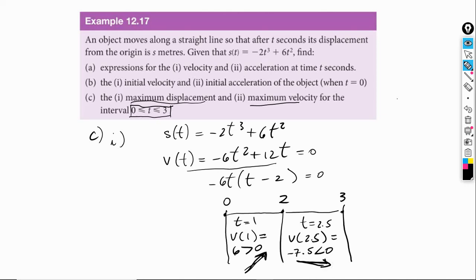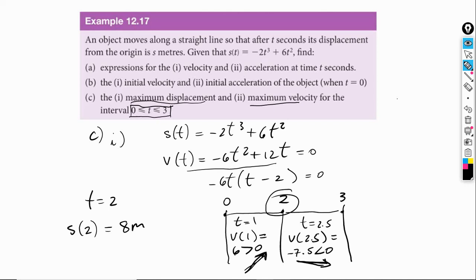Okay, so that means that the maximum displacement occurred at t equals 2 seconds. So for t equals 2 seconds, let's find the displacement. And if we plug that in there, we're going to get 8. So that means that the maximum displacement was 8 meters at 2 seconds.